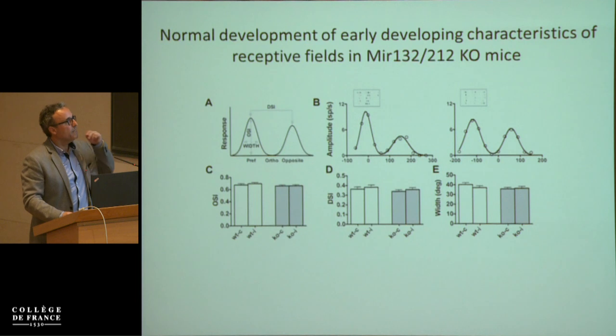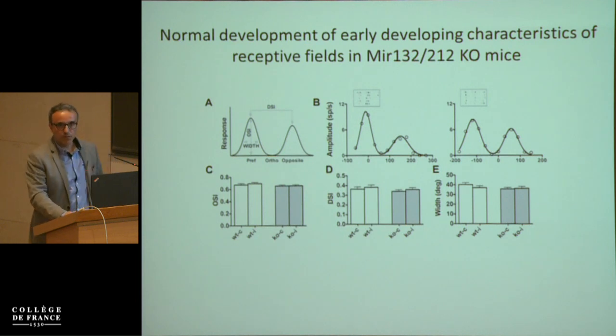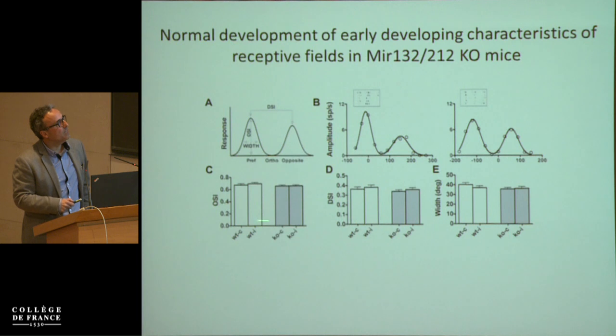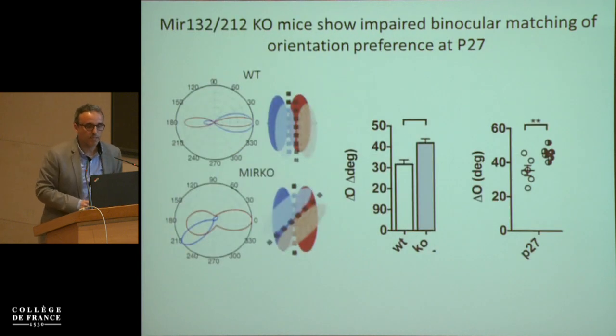And we did this by extracellular recordings with multi-electrode arrays and then spike sorting to isolate very selective units. And here you see orientation selectivity, direction selectivity, all these properties that develop early are perfectly normal. These are the knockout and the wild type. So there is no effect on these visual properties.